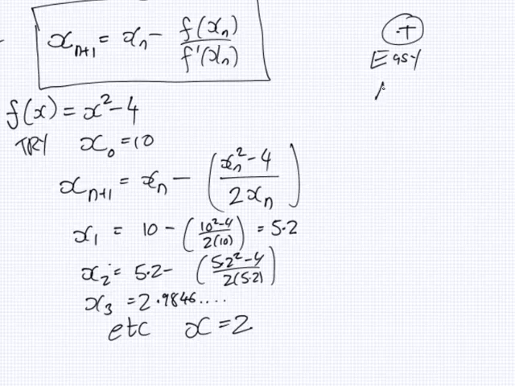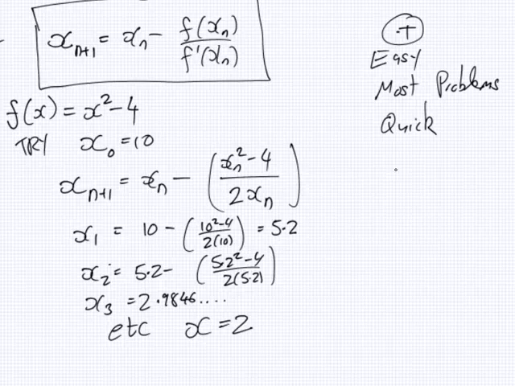It works for most problems. Yeah, and it's pretty quick, especially when you can use your calculator. Yeah. But disadvantage, it only gives you one root, so you can't find the other roots. It only goes to one. Okay, and it can get stuck.